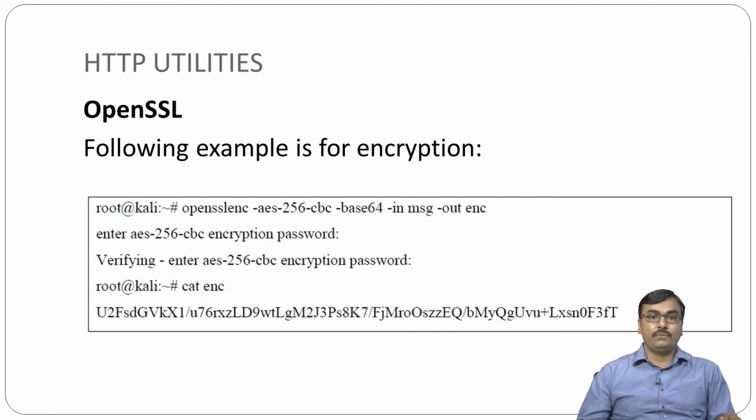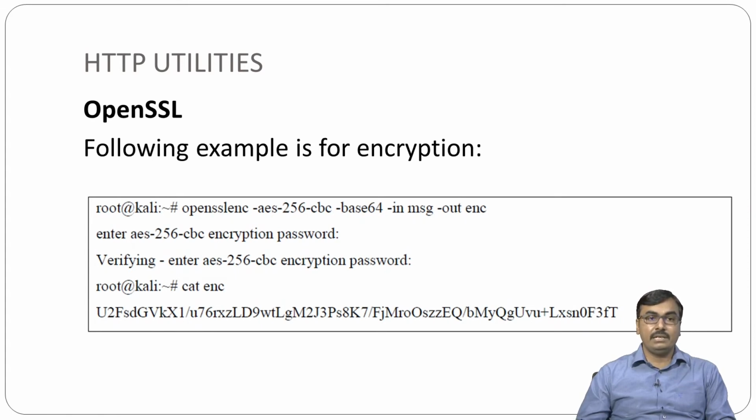My file can be transferred from source to destination using OpenSSL. So how can we achieve this using OpenSSL? Firstly, we need to execute the OpenSSL command with several parameters like enc.